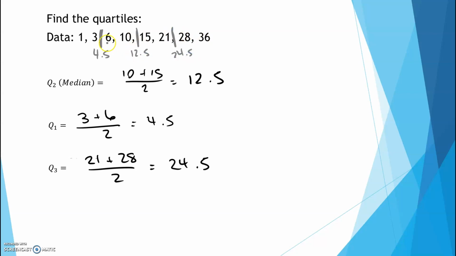Notice I broke my data up into 4 parts: 1, 2, 3, 4. And this is Q1, this is Q2, or the median, and this is Q3. Remember, Q1 was the bottom 25%, this was the bottom 50, bottom 75. So I've got 1, 2, 3, 4, 5, 6, 7, 8 numbers total. How many are here, starting here, going this way?